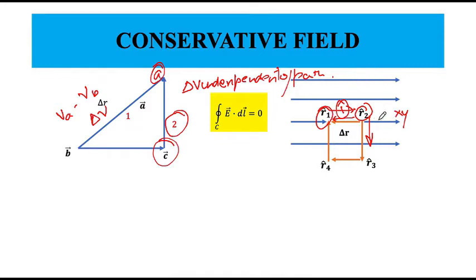I have a uniform electric field going horizontally to the right, as we have considered so far. Now I am moving from R2 to R3. While I move from R2 to R3, the electric field is always perpendicular to the direction of my movement. I am moving vertically downward, but the electric field is directed horizontally to the right.